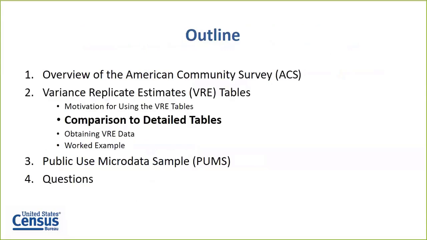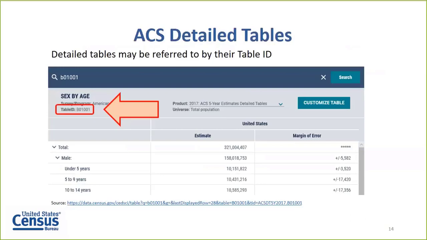I will now briefly compare the Variance Replicate Estimates tables to the ACS Detailed Tables published on data.census.gov. To start off with, here's an example of the ACS Detailed Tables on data.census.gov. And as a note, data.census.gov is the new dissemination platform for publishing ACS Detailed Tables and other data products such as the data profiles.